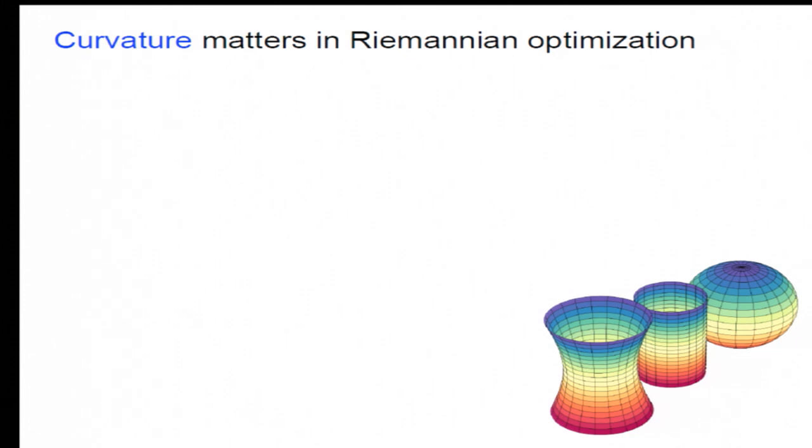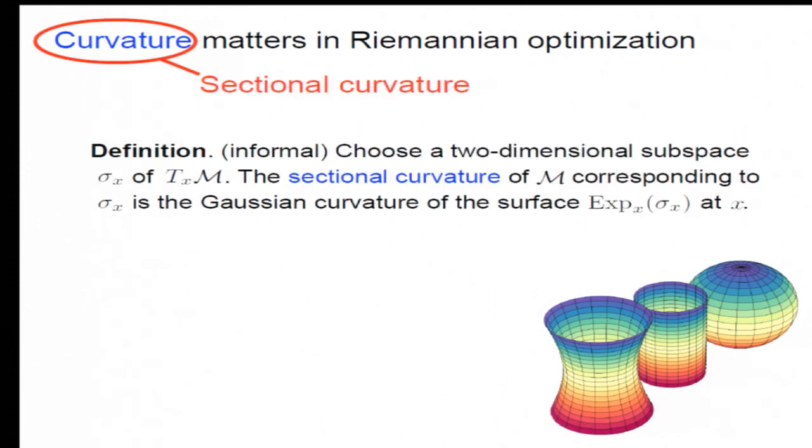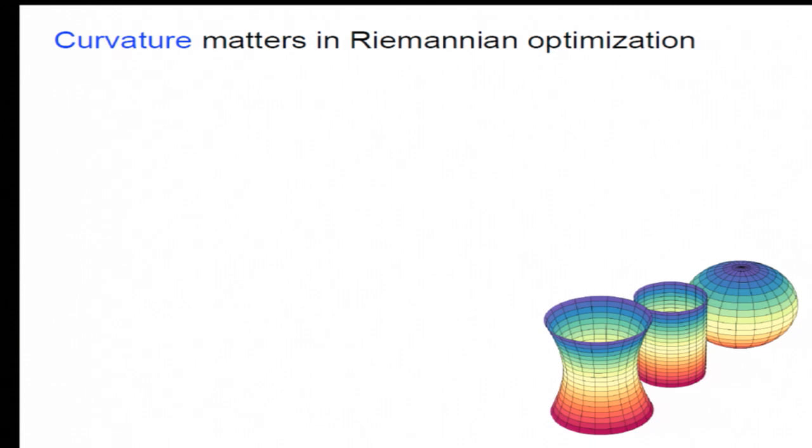However, what makes Riemannian optimization special is metric curvature. For example, if we imagine we move on these different surfaces using the same steps, we may end up traveling different distances.